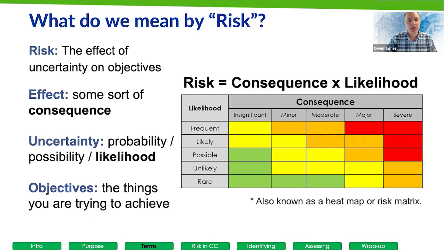So this is what I like to call risk space. It's also commonly called a heat map or a risk matrix. We'll talk a little bit more around the significance of this risk space in the risk management module, because where a risk plots in here tells us something about that risk.